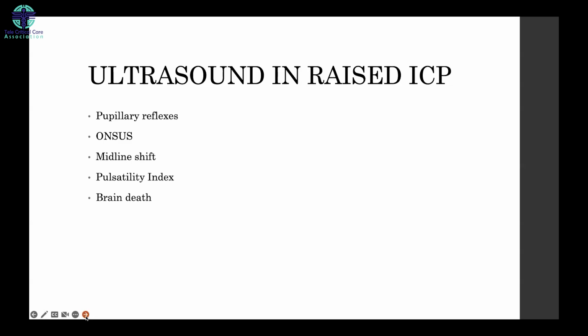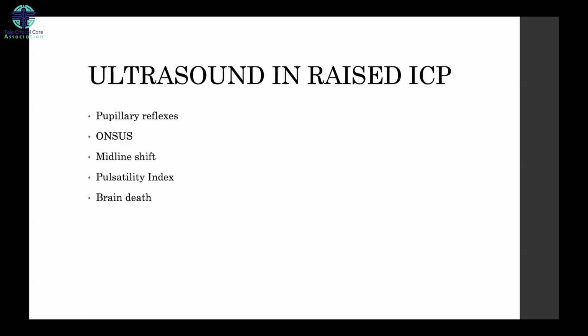And then why is the ICP rising in a traumatic brain injury? Is it because of hypoperfusion, or is it because of hyperemia? Basically in the transcranial Doppler, you will be measuring the velocities, and then it is easy to find out the pulsatility index, and to monitor the raised intracranial pressures by using the pulsatility index, especially in head injury, is very useful.